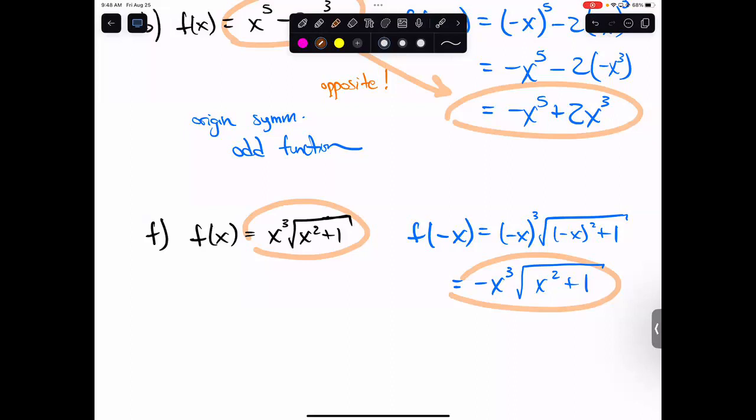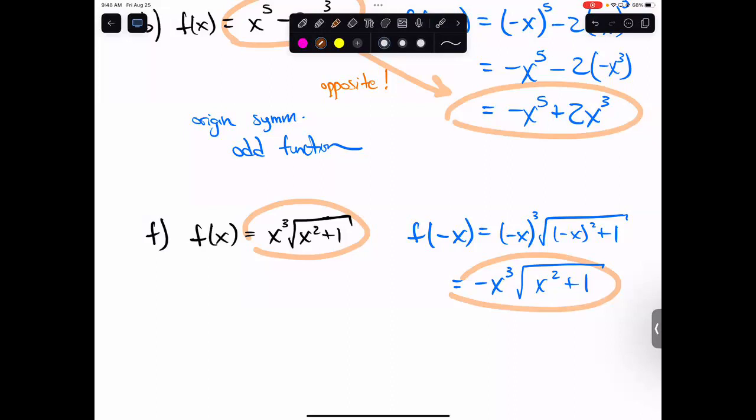For sure, it's not an even function because they're not the same. One of them's got that negative sign out in front, the other one doesn't. Is it odd? Are they opposite in sign? Not all of them, right? There's a plus that's still a plus, right? Is what you're saying when you say not all of them.